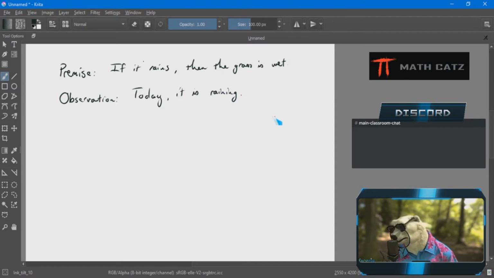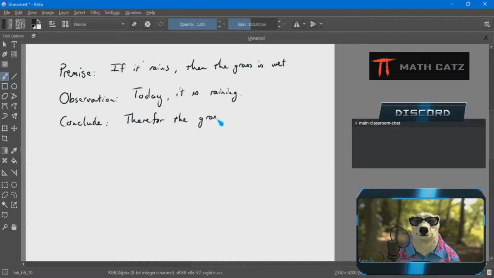I see rain. I can then conclude with 100% certainty that therefore the grass is wet. So I do this without going outside and touching the grass.